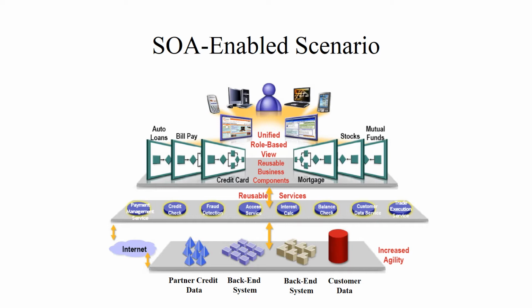Over the internet, all data is synchronized with the reusable services, which are the payment management system, credit check, fraud detection, and access service. The access service lets customers access their bank info. There is interest calculation, which happens at the banking service provider site, and balance check, where the user can check the balance of their account.